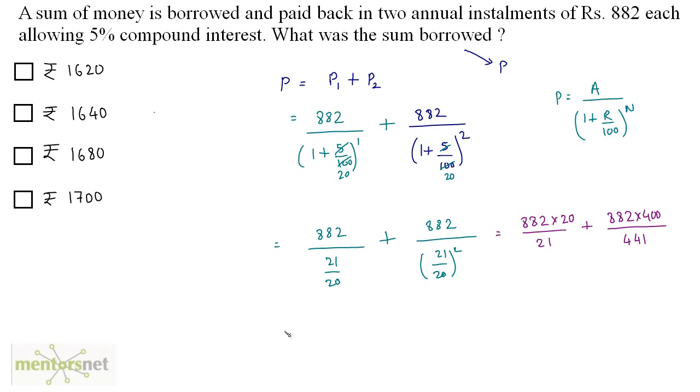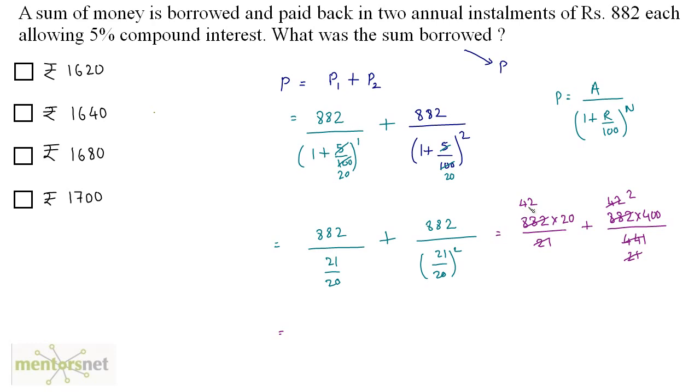Now 882 by 21 is equal to 42. So this is 42. And again 21 square is 441, so this is 21. So 21 times 2 is 42.